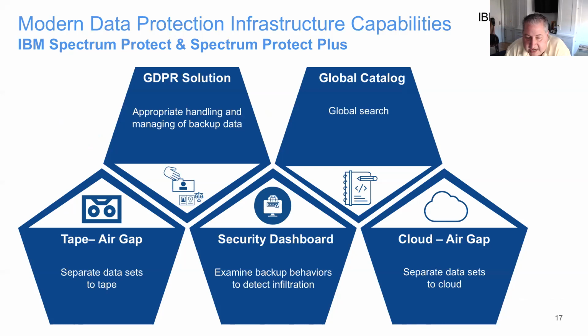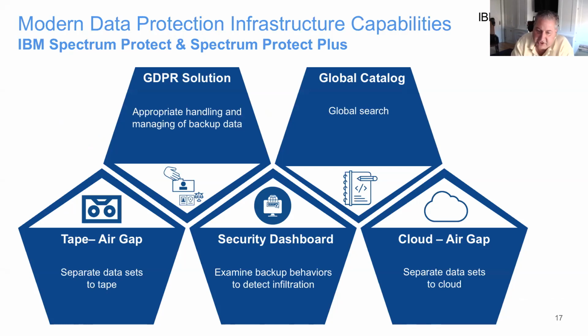And then the security dashboard. One of the things that we have that I also think is important is our security dashboard. As you're backing up information, we can tell through the security dashboard if things have changed, like the deduplication size, the number of files being backed up, the number of files being deduplicated. All of that gives us a hint that maybe something odd is happening in the environment.